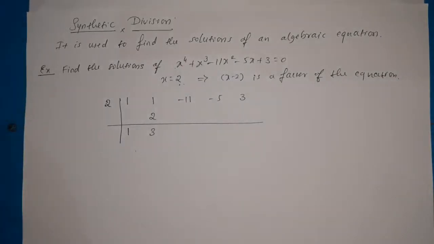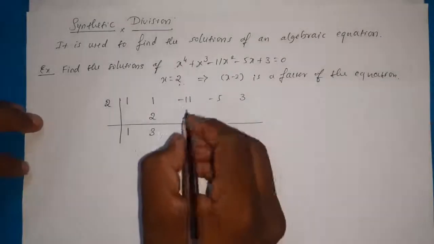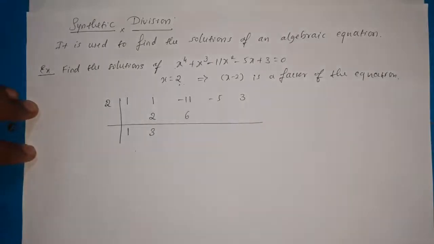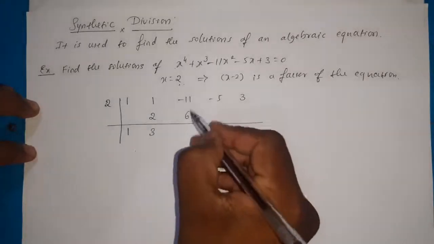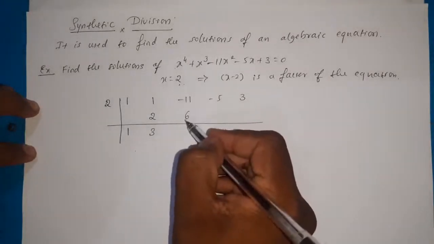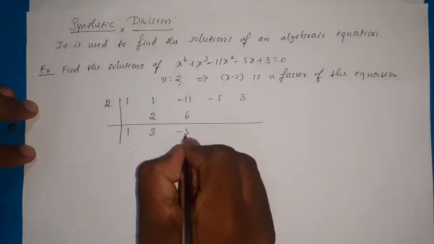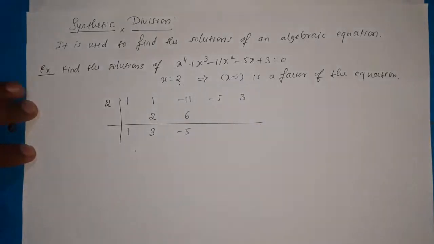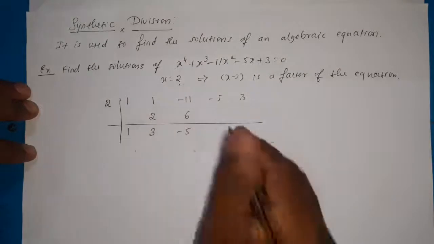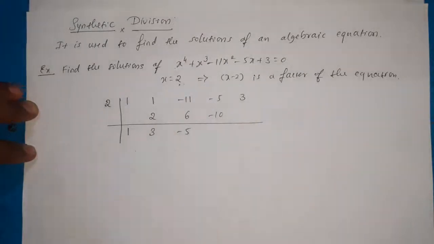Then again multiply 2 and 3, which is equal to 6. Then the sum of these two, minus 11 and 6, will give minus 5. So minus 5 into 2, that is minus 10.